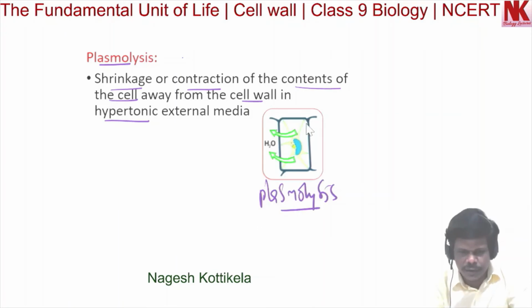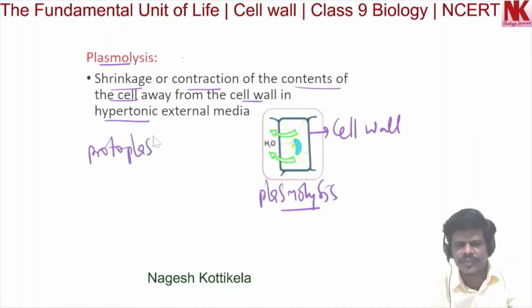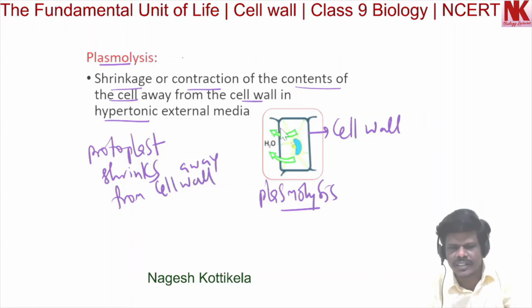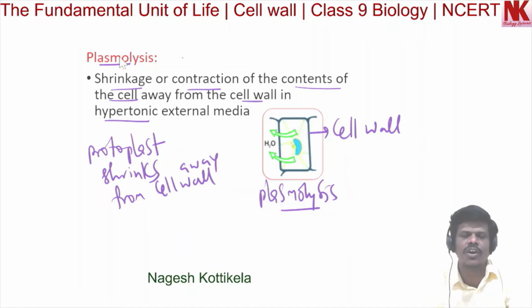Here you can see this is a cell wall, and the remaining part is a protoplast. So protoplast shrinks away from cell wall. You can see here the cell wall is intact in its original place, but the other contents are shrinking. That process is called plasmolysis.